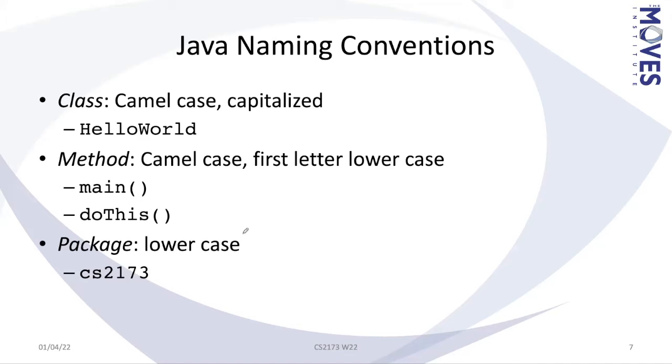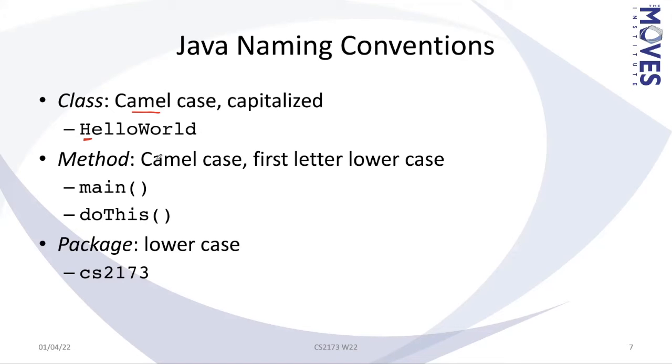So here are some of the Java naming conventions. For a class, it uses what's called camel case, and it's capitalized. In other words, it starts with a capital letter, and you use camel case to make it a little more readable.